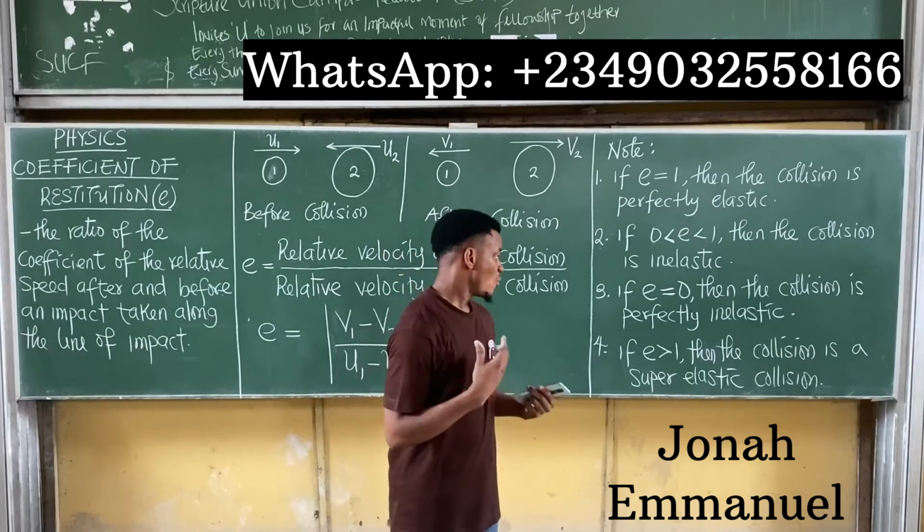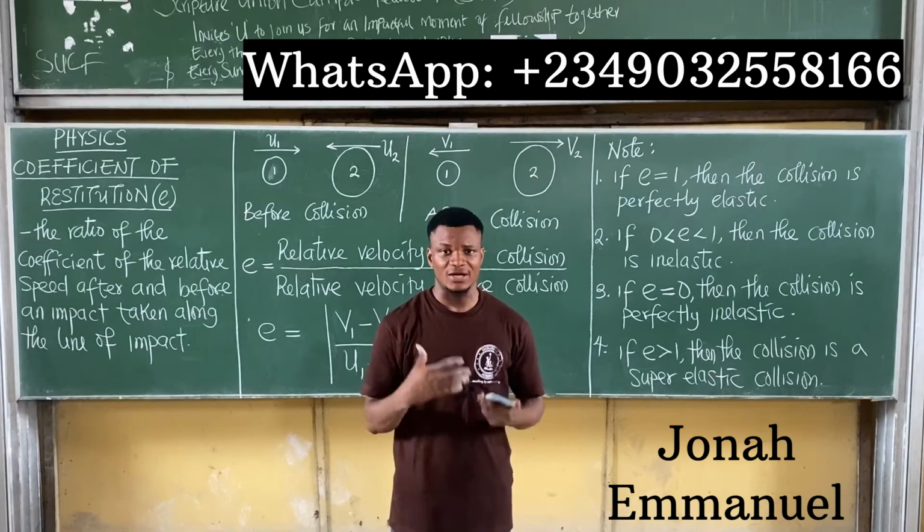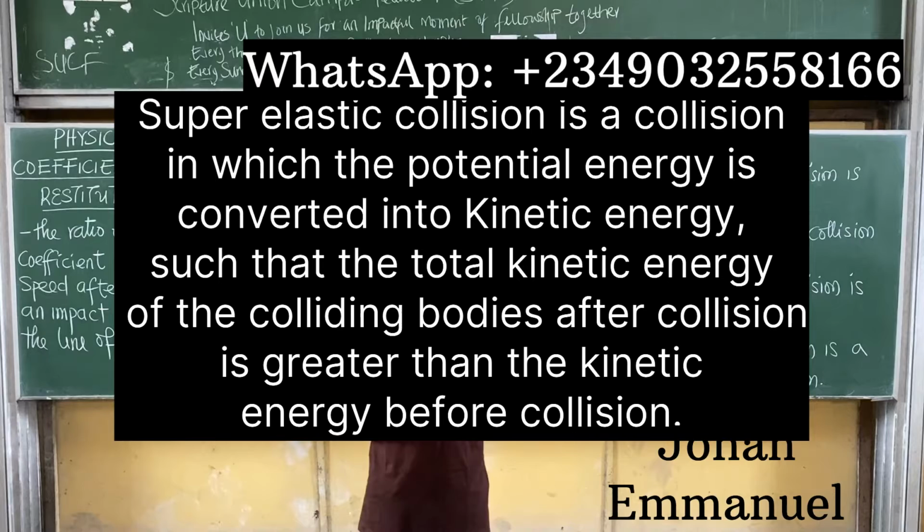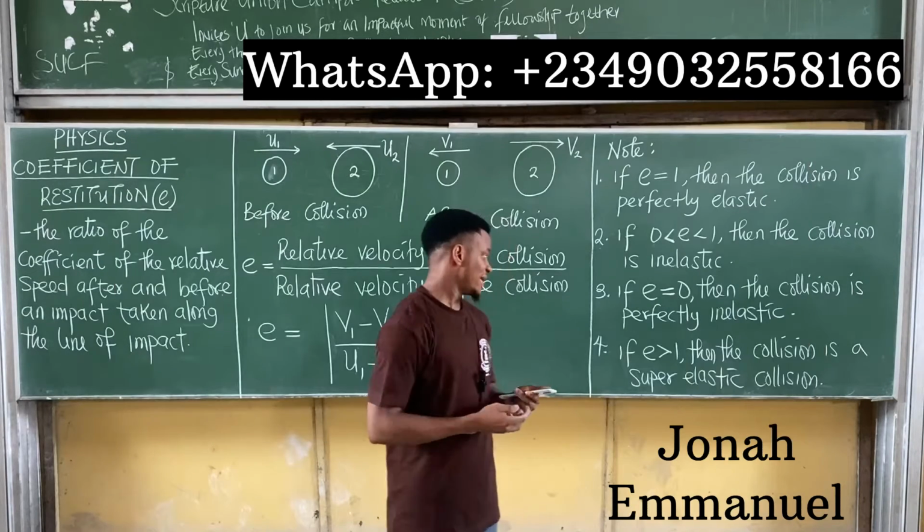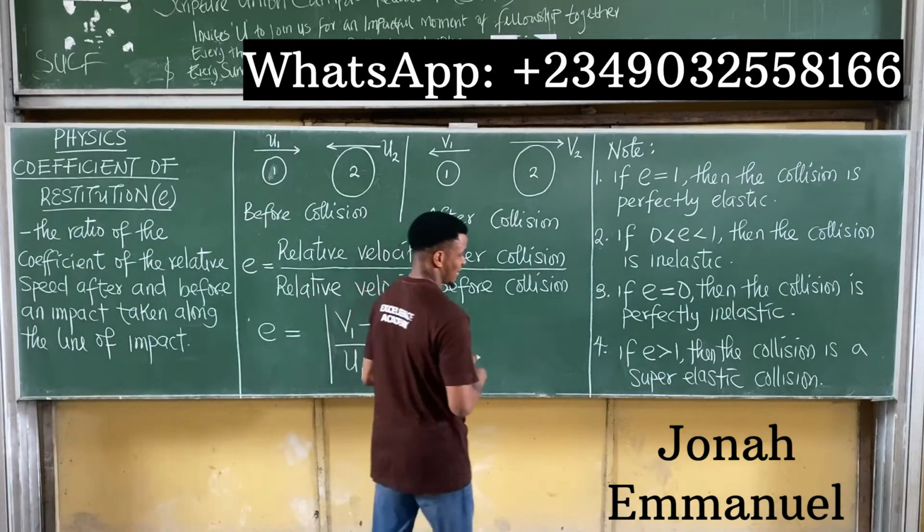Now, the question is this: what is a superelastic collision? A superelastic collision is a collision in which potential energy is converted into kinetic energy so that the total kinetic energy of the colliding objects after collision is greater than the kinetic energy before collision. All right, that's a superelastic collision.